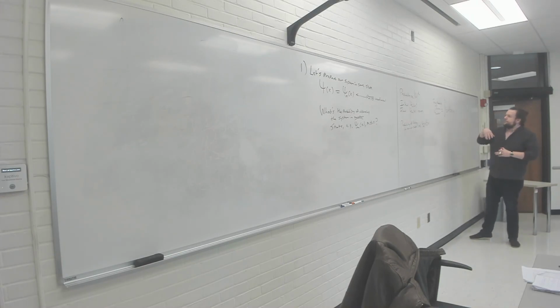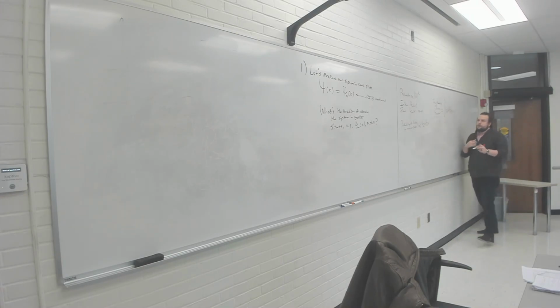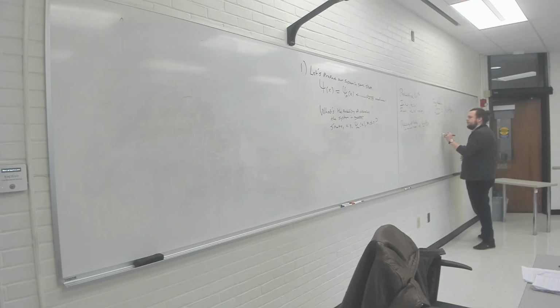We know the wave functions for the particle in a box, so this is equal to the integral from 0 to L. The wave function for the m state is square root of 2 over L times sine of m pi over L x. And we multiply that by the same function, but with n instead of m, dx.